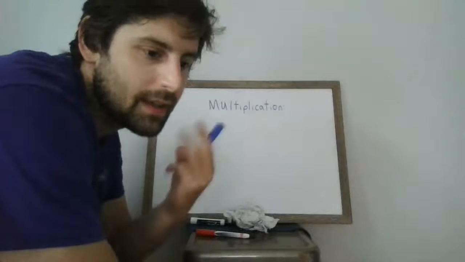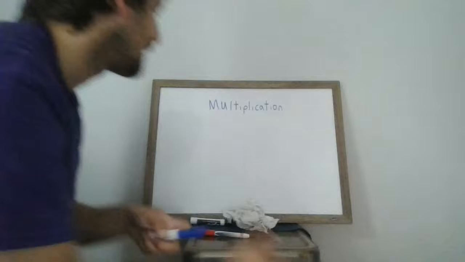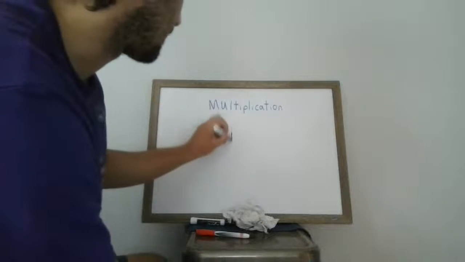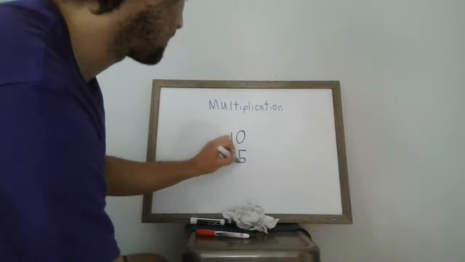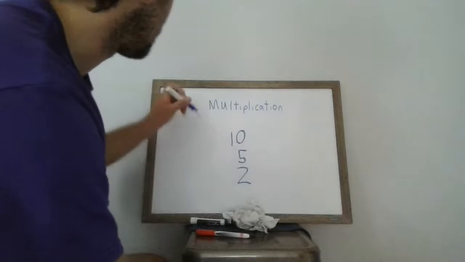Now, the easiest 3 fact families to learn are 10, 5, and 2. So I'm going to write that. These are the fact families to start with: 10, 5, and 2.